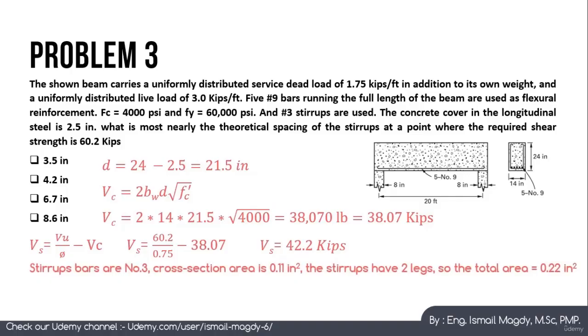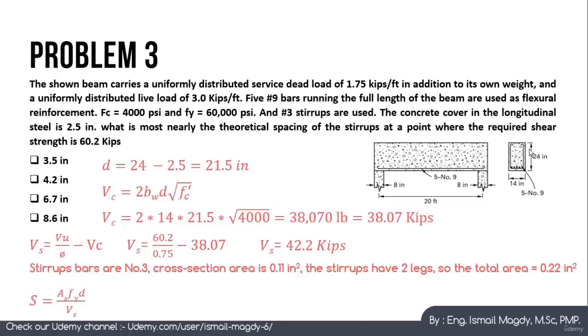It is mentioned in the problem that we need to use number 3 bars as stirrups, and the cross section of a number 3 bar is 0.11 square inch. We know that the stirrup is going to have 2 legs, as shown here in this sketch. You can see here this part, you have 2 legs of the stirrup, so the total area is 0.22 square inch.